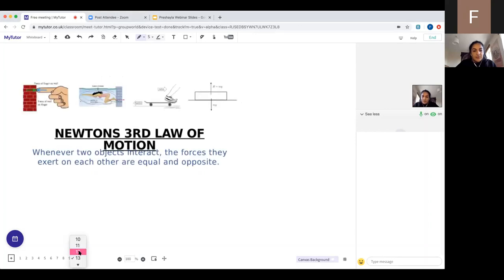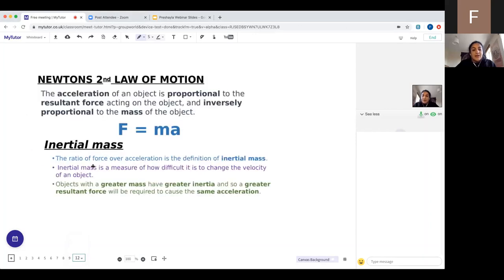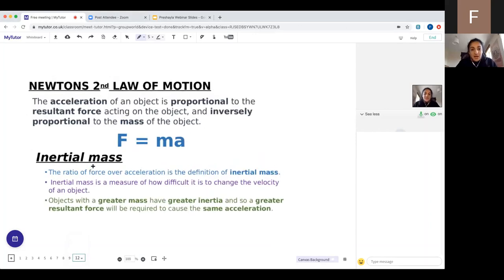And then we went on to talk about inertial mass. So inertial mass is again a higher tier concept, and it just says that this mass here is called inertial mass. So if your foundation is just mass, if you're higher tier, you need to know that it can be inertial mass.